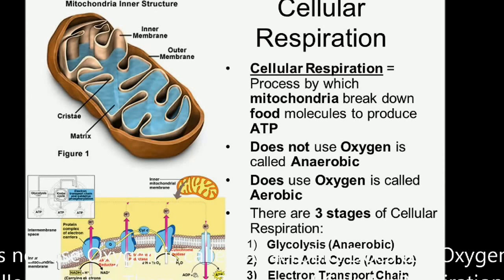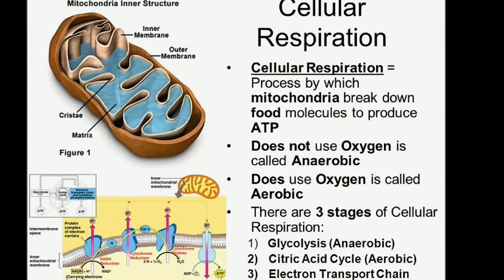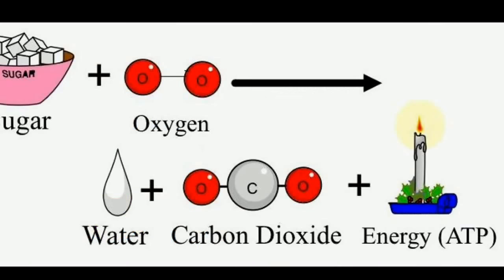So mitochondria break down the food molecules to produce ATP. ATP is the organic energy source which is produced by the mitochondria. It is called the powerhouse of the cell, which produces ATP and stores ATP. ATP is called the energy currency of the body.